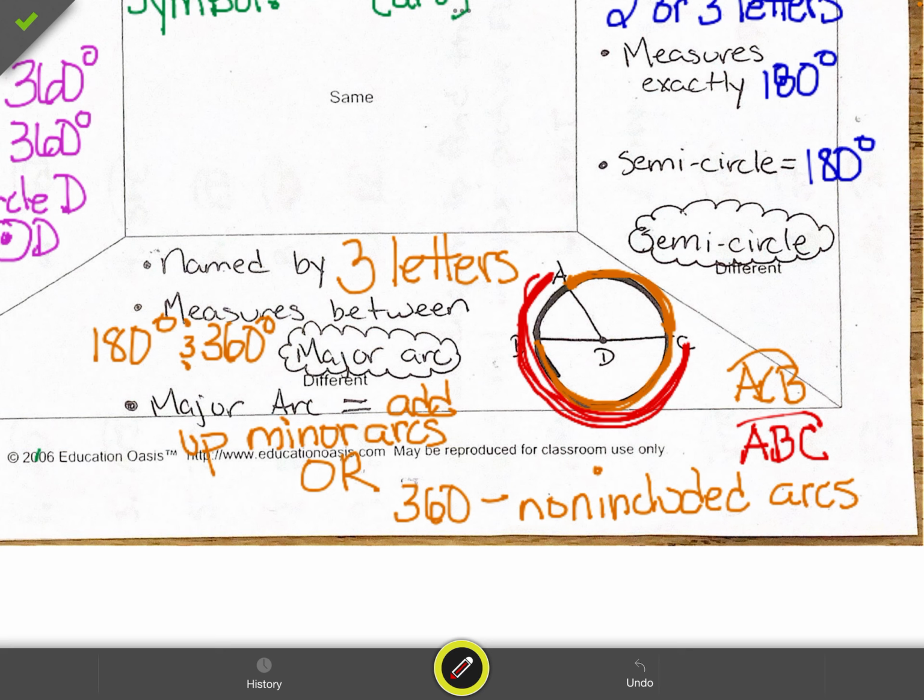So that would also be a major arc. Okay, so you do have to be careful how you name these. The order of your letters does matter, and you want to make sure that you are tracing or highlighting using colored pencils, whatever. Don't just eyeball it, actually trace, even just with the tip of your pencil, to see the piece that you're looking at for your circle.